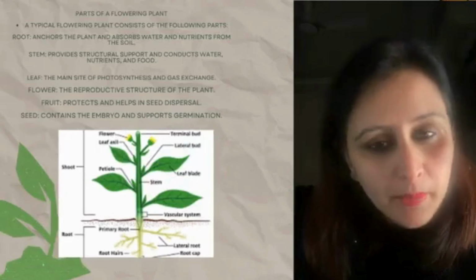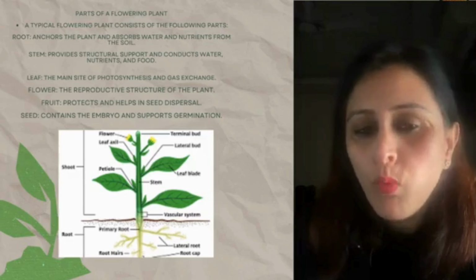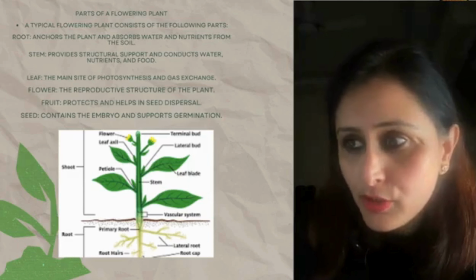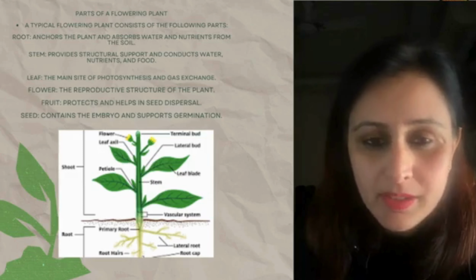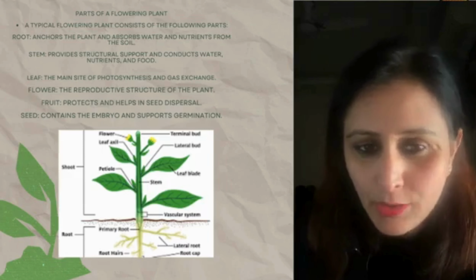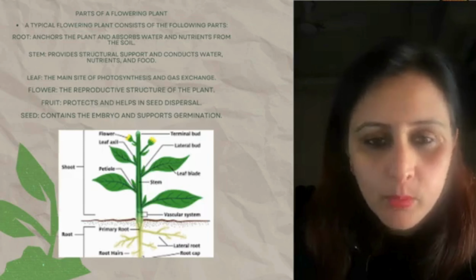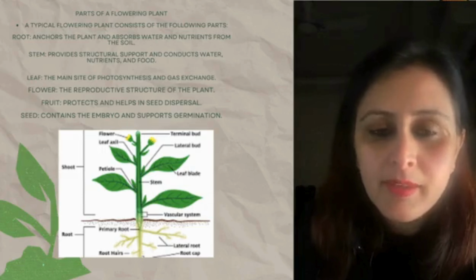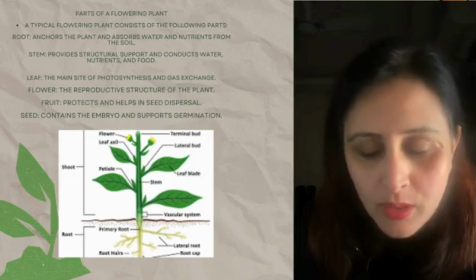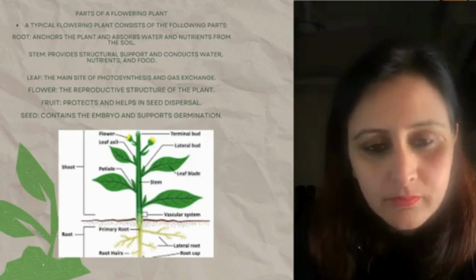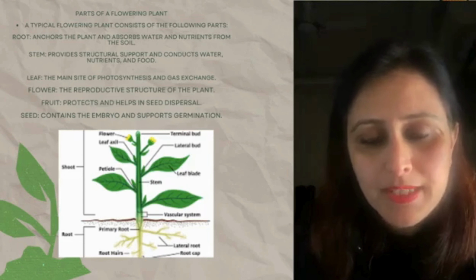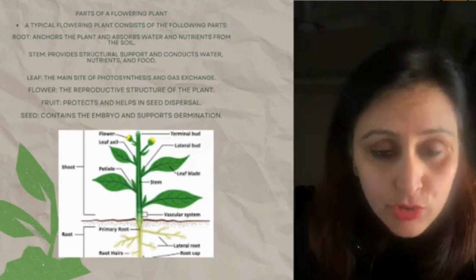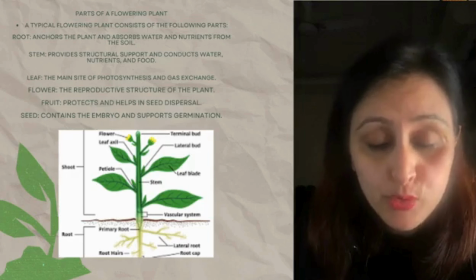Now talking about the parts of the flowering plants. What all are the parts? First of all, we are starting with the typical parts that all the flowering plants have. We will start from the ground itself and we'll talk about the roots. So we all know the main purpose of roots is anchorage to the plant. It gives support to the plant.